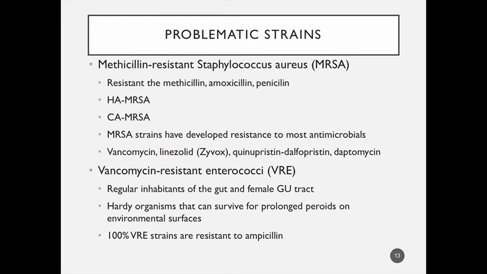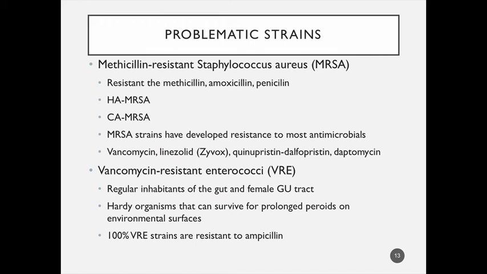Community-based infections usually are manifested in the skin or soft tissue. That's generally where we see community-acquired MRSA infections. MRSA strains have actually developed resistance to even more antimicrobials, including the fluoroquinolones, the macrolides, the aminoglycosides, tetracycline, and clindamycin.